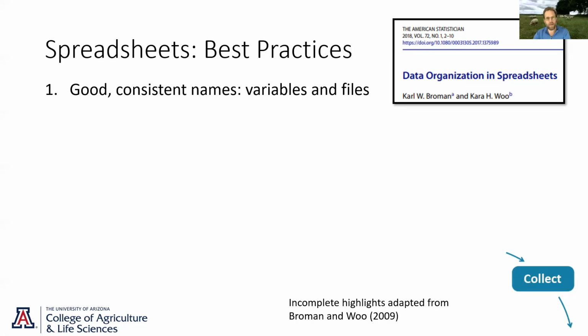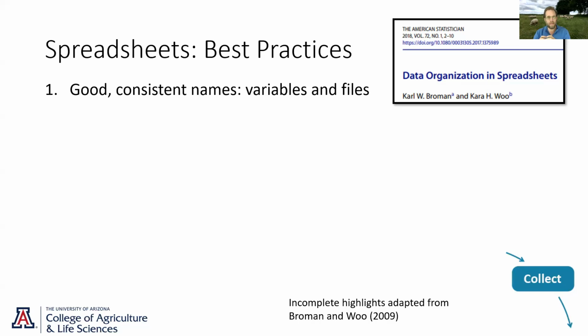So one is to have consistent variables and file names. It is, I'd say, more common than not to find data that's collected over many years to have small differences in variable names that make it difficult for a computer to understand.